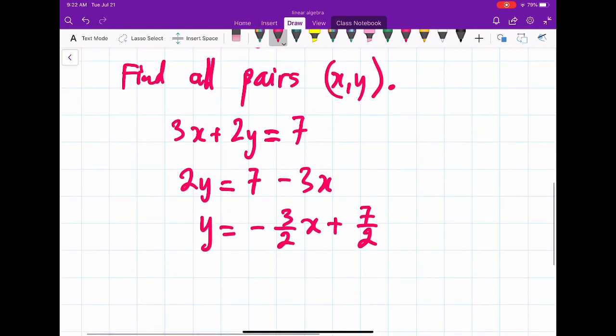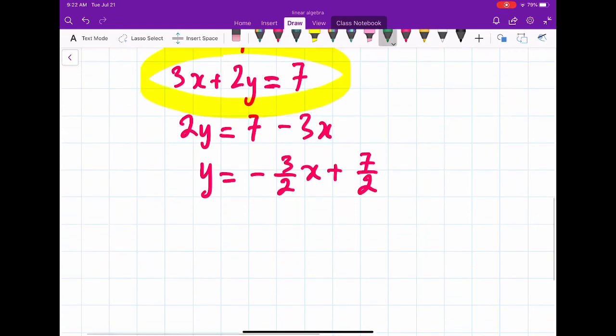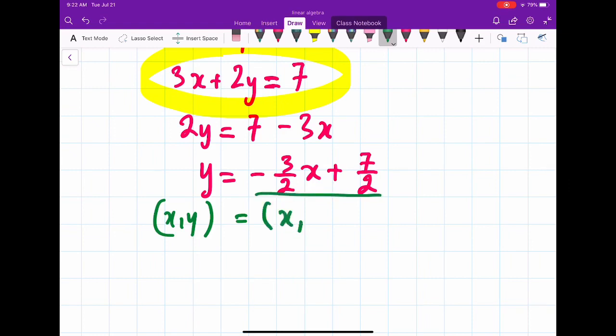How to write the general solution of this equation? I write it in the following way. I have x, y right here, right? And we already fixed x, so we just replace the y with this, because y depends on x. So I have (x, negative 3 over 2 x plus 7 over 2), and that is the general solution.